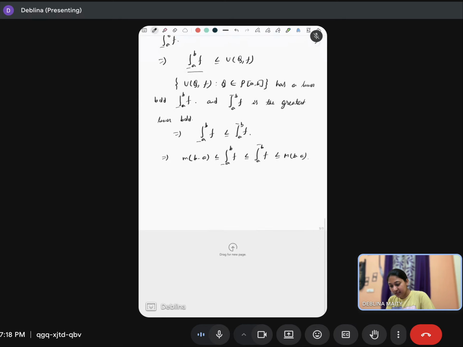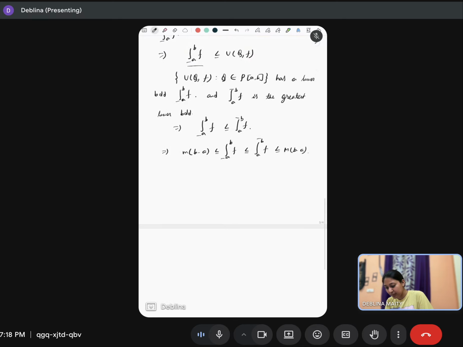Okay, now we'll see one example. We prove that the identity function f(x) = x is Riemann integrable, and we'll find the lower sum and upper sum.